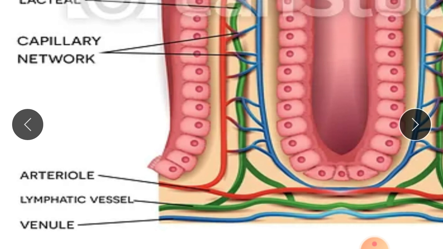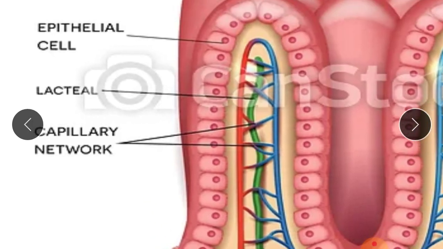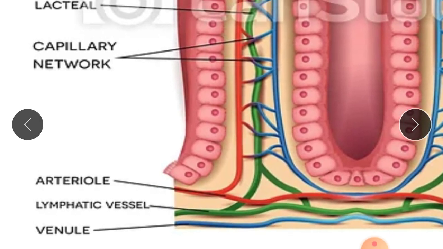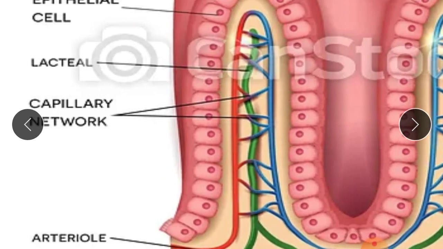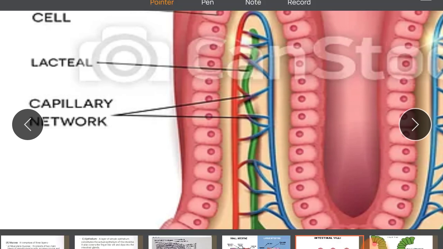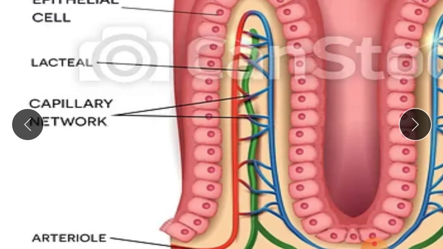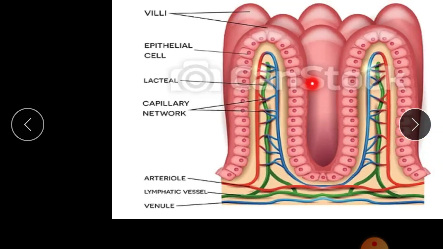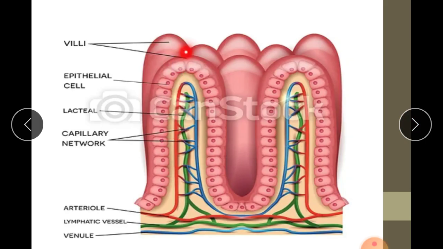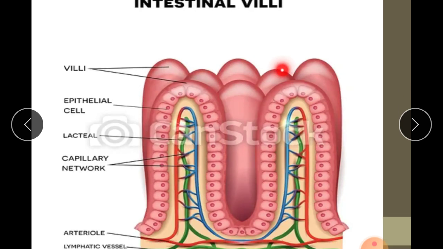Lymph is flowing. So this is lacteal. And this is blood capillary. Around the lacteal, blood capillary is there. So this is villus. These are all villi.